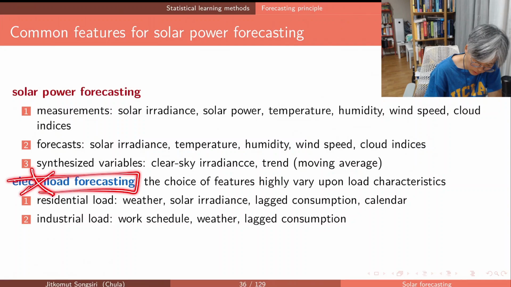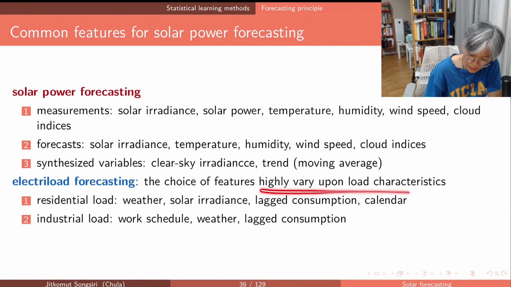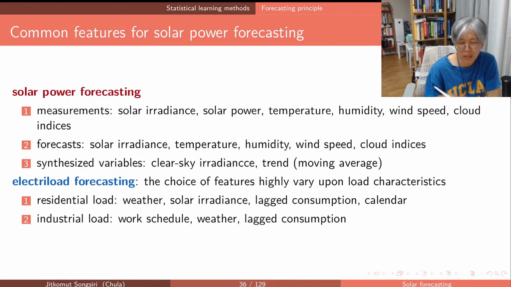For electrical load forecasting, the choice of feature depends highly on the load characteristic. For the residential load, we know that most of the load is from AC, air conditioning.